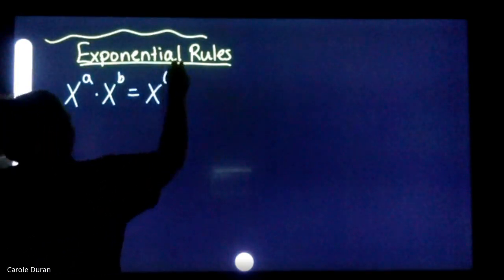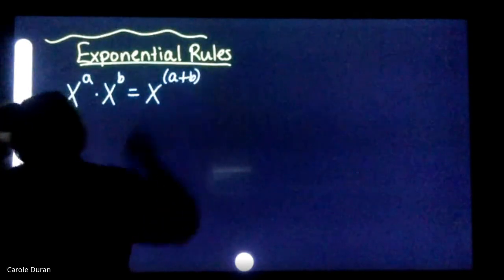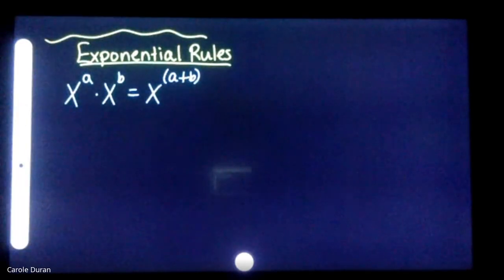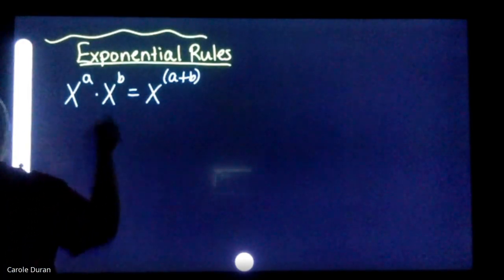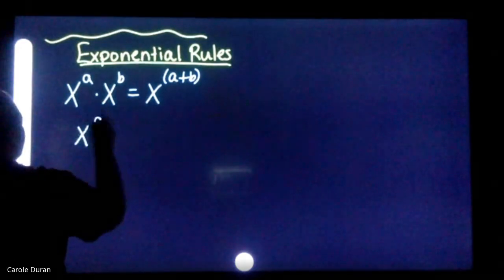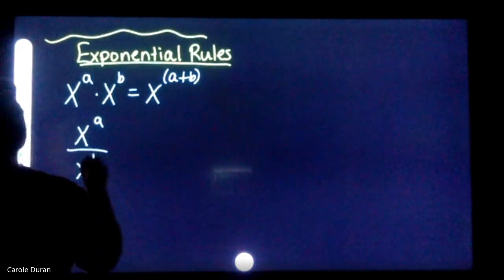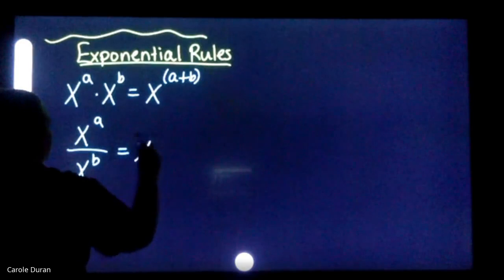So the first rule is, if I am multiplying two variables together with their exponents, that is the same as that variable with the exponents added together. So x to the a times x to the b is equal to x to the a plus b. So when we multiply two terms, we add the exponents. If we divide two terms, then we subtract the exponents.